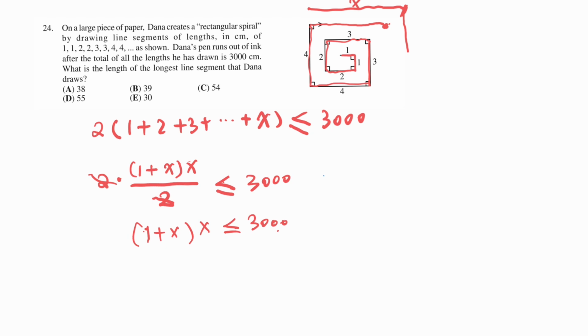We expand this to get x plus x squared less than or equal to 3,000. Because x squared is way larger than x, we can ignore x. We just take the square root of x squared, less than or equal to the square root of 3,000. With the calculator, we can do the square root of 3,000.